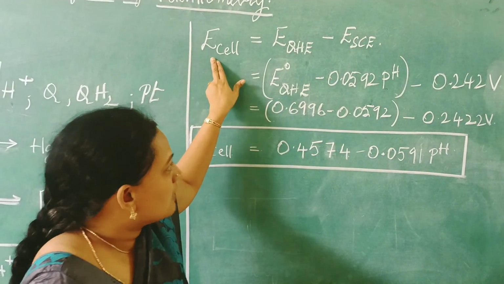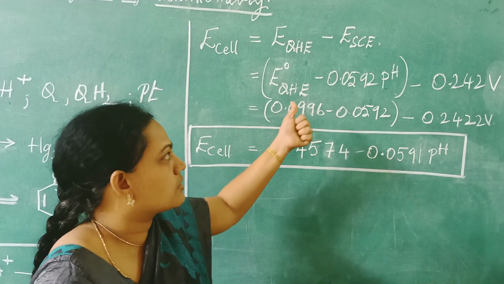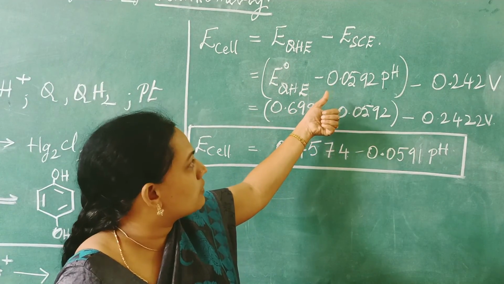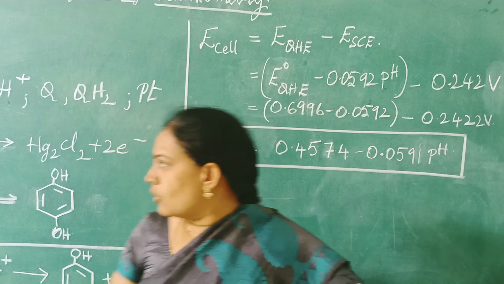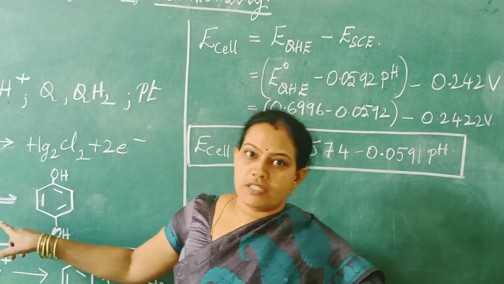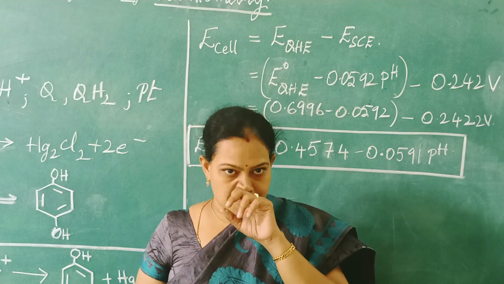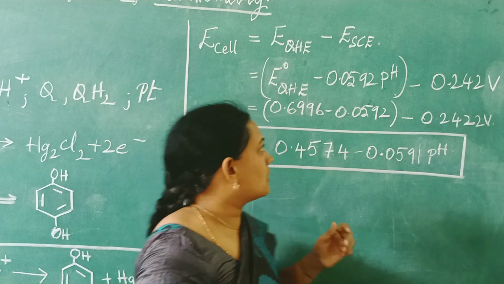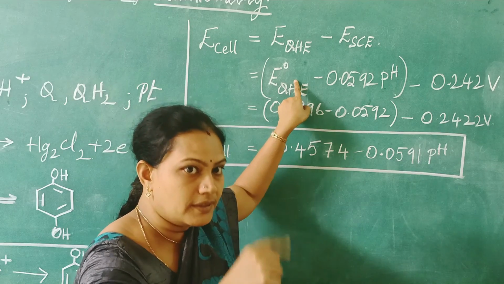That is because when base is added to the acid, there is continuous addition of OH minus ions which are neutralizing the H plus ions in the HCl solution. As we already discussed, the reduction potentials of the quinhydrone electrode depends upon the H plus ion concentration. Whenever the H plus ion concentration decreases, the potentials of the quinhydrone electrode also decrease.